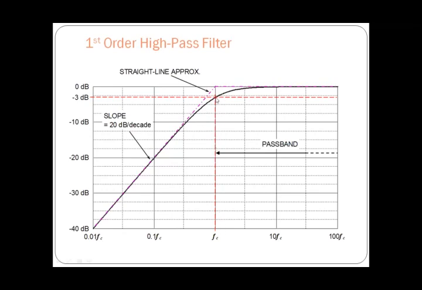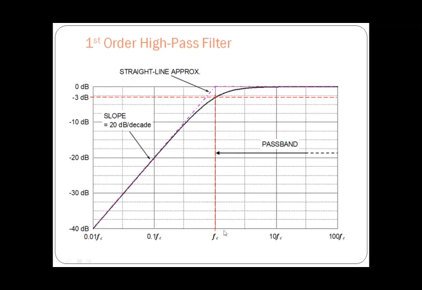This is the point when omega is equal to omega naught, that is 3 dB below the maximum line, 1 by root 2, which is nothing but 0.707 of the maximum value, 0 dB. So 0 dB minus 3 dB, we get minus 3 dB.